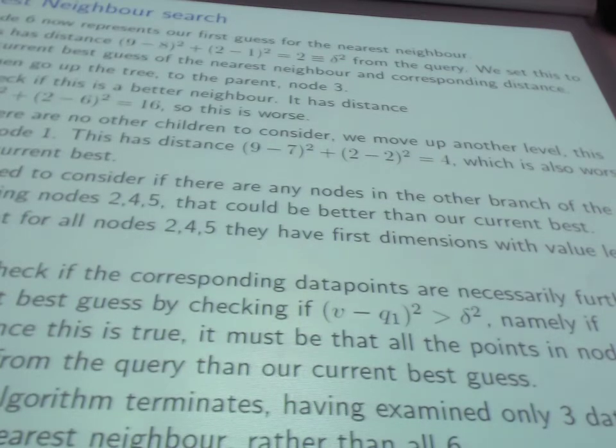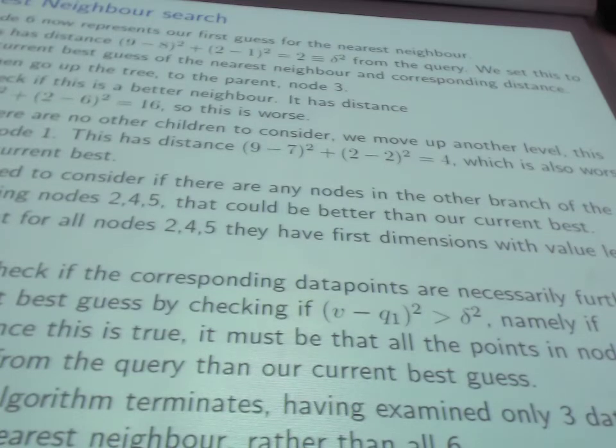That's point 9, 6. So this is 9 minus 9 squared plus 2 minus 6 squared, so that's 4 squared, 16. That's bigger than delta squared, which is 2, so that's no good. That point is not closer to Q than node number 6.